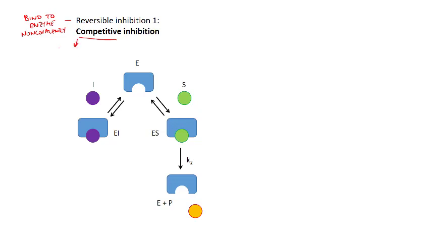So the definition of a competitive inhibitor is that it binds to the same spot as the substrate. And obviously, if it binds to the same site as the substrate, then that means that the substrate can't bind if the inhibitor is bound.